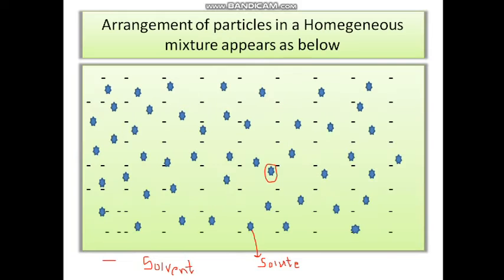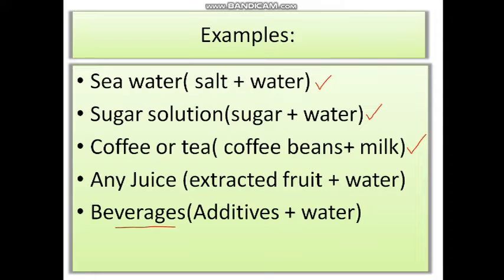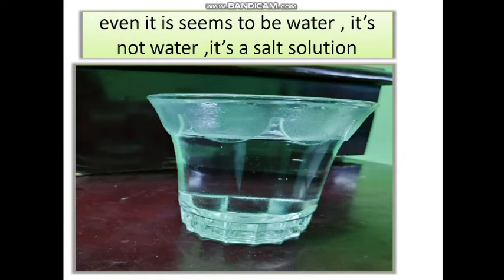If it is heterogeneous, those solute particles are aggregated at a particular position. That means they didn't spread uniformly throughout the system. If you consider the image, even though it seems to be pure water, it's not pure water, it is salt water. It is a salt solution, a mixture of both salt and water.